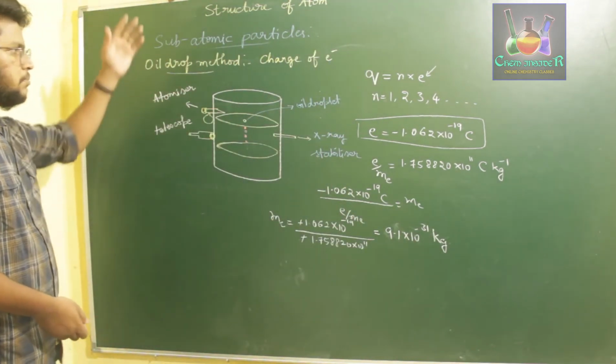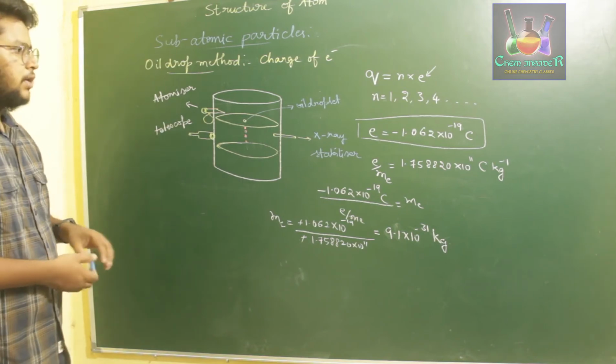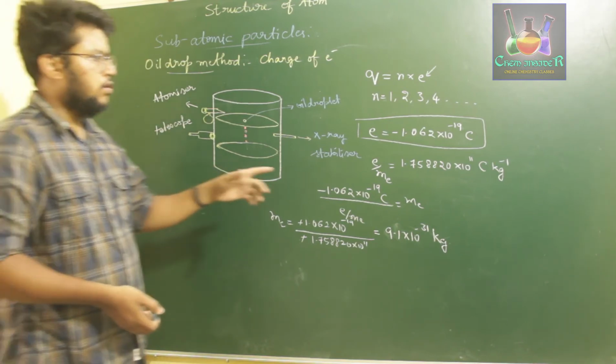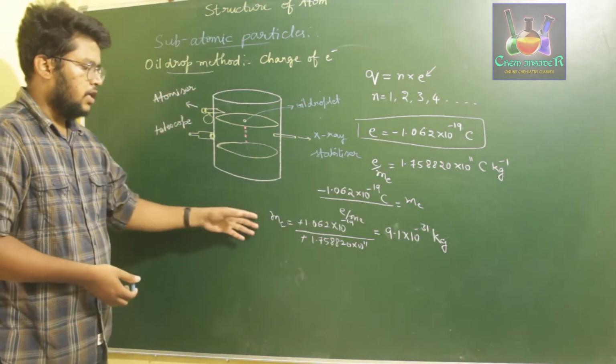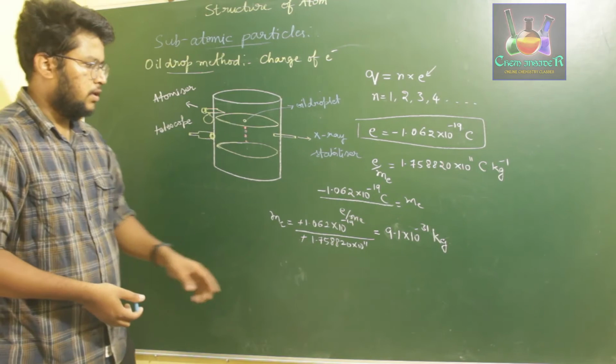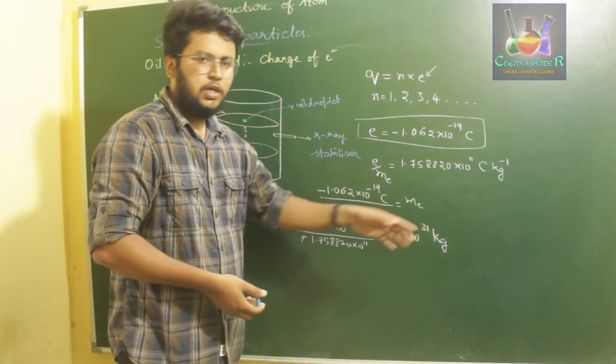So using Millikan's oil drop method, we came to know about the charge of an electron, that is minus 1.062 into 10 power minus 19 coulomb, and the mass of an electron, which is found to be 9.1 into 10 power minus 31 kilograms.